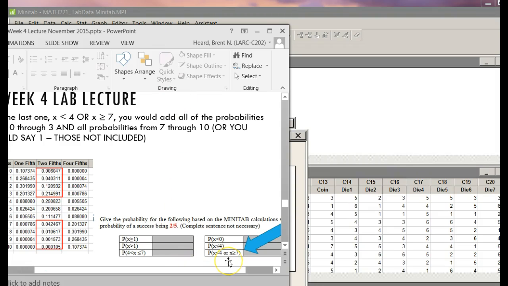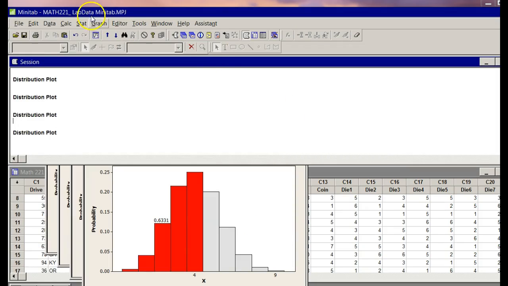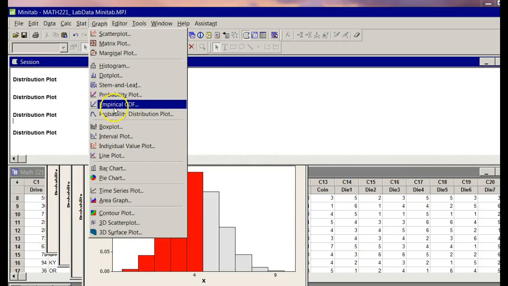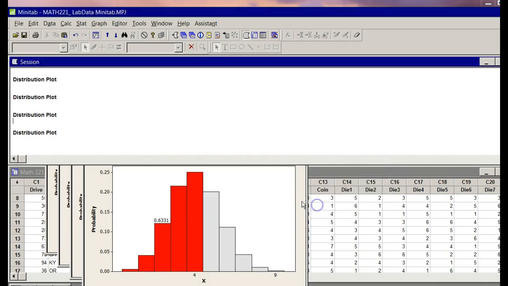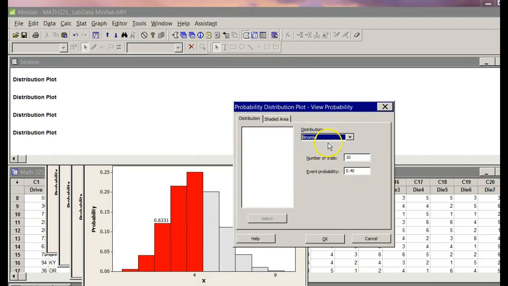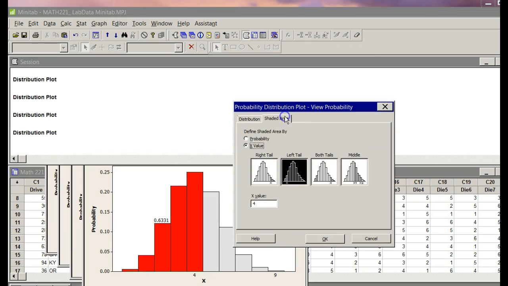Finally, the last one they ask us about is less than 4 or greater than or equal to 7. Now, I want you to understand that we're going to add two numbers together. First, less than 4. I go to Graph, Probability Distribution Plot, View Probability. OK. Stays the same for me.